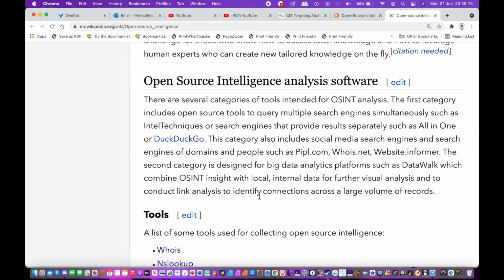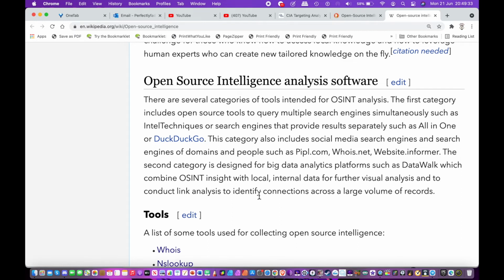This category also includes social media search engines and search engines of domains and people such as people.com, Whois.net, Website Informer.